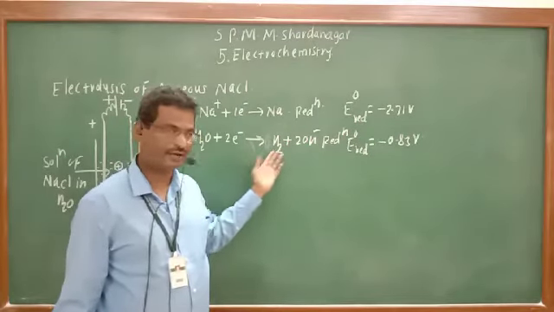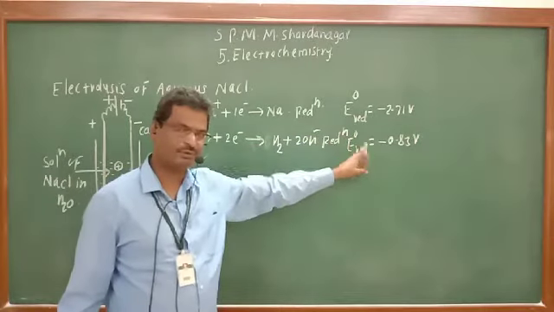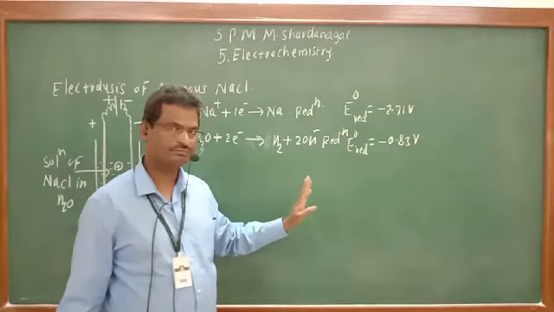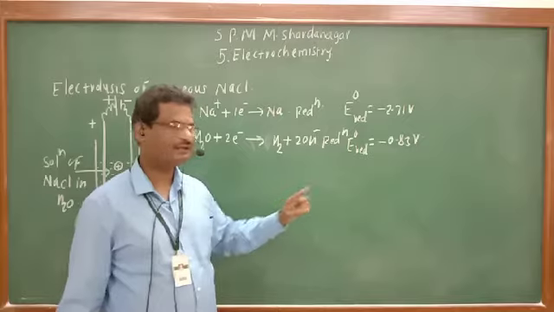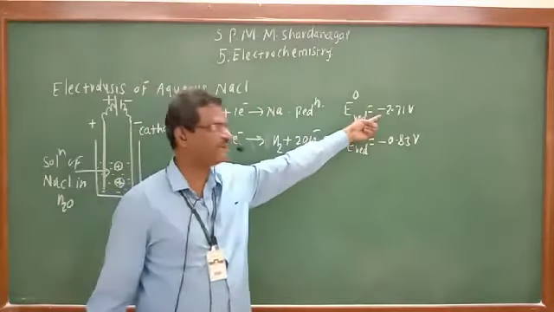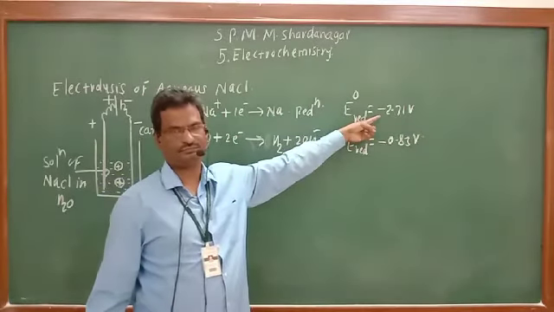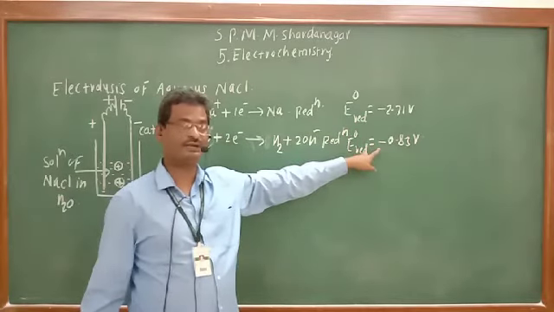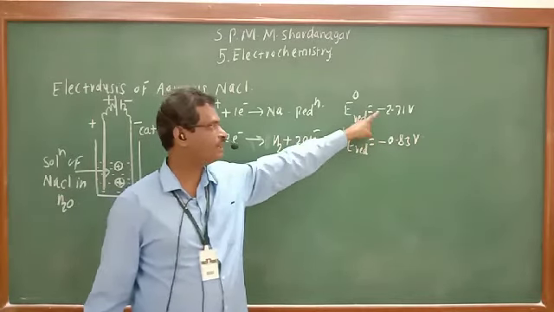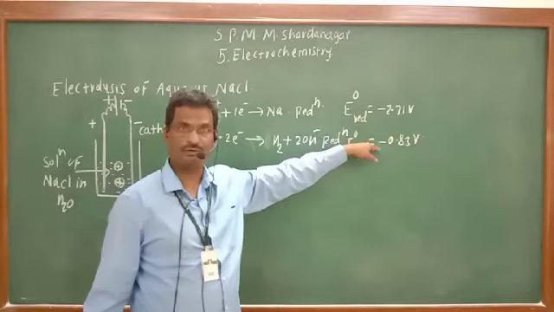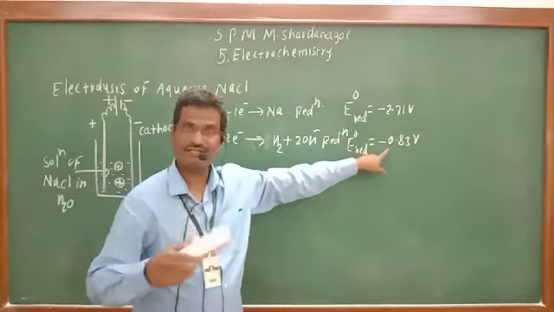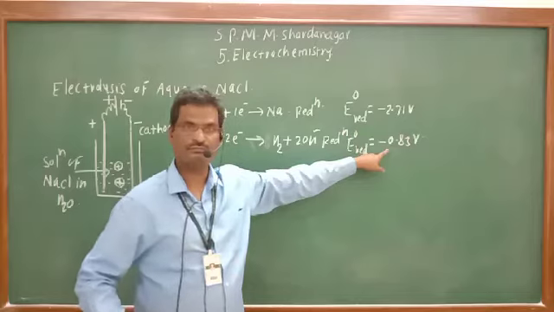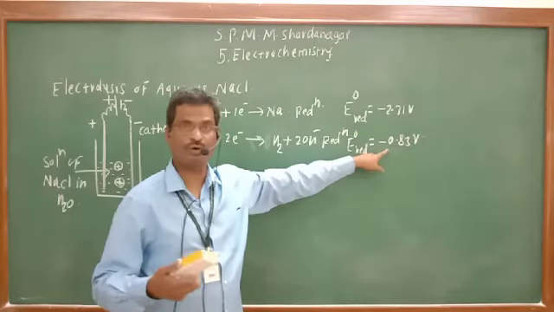From these values, can you easily come to know? Water is greater than sodium. Water has a higher reduction potential as compared with sodium. Minus is less, which means plus is more.